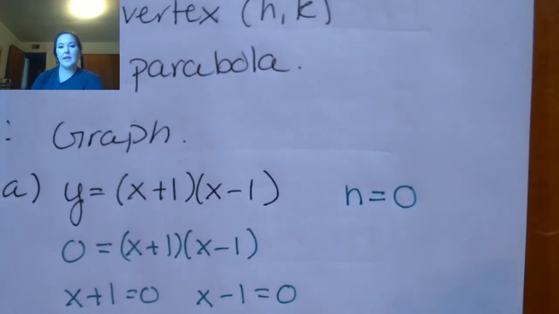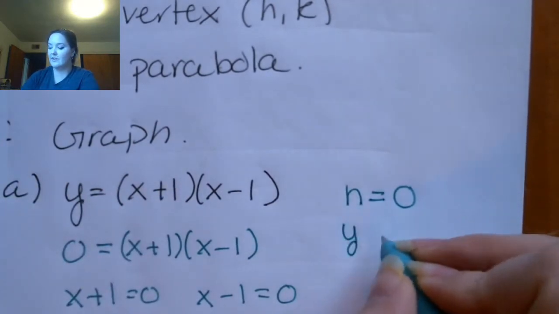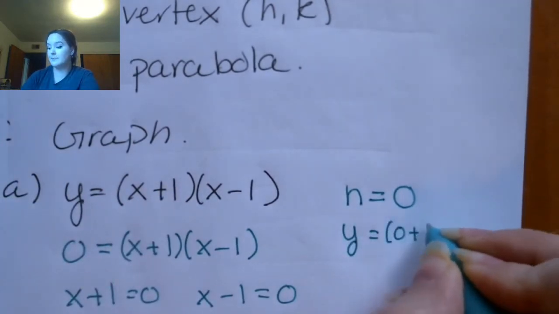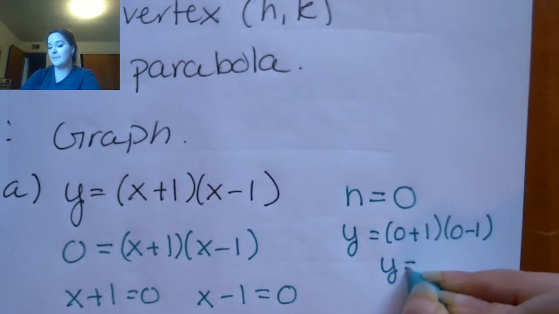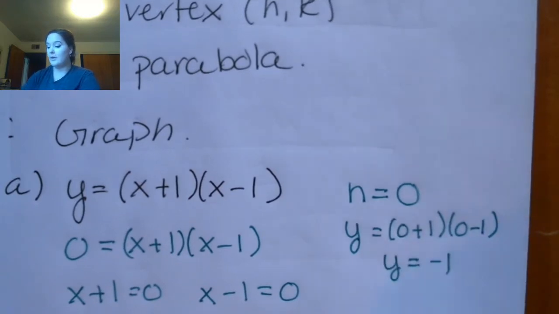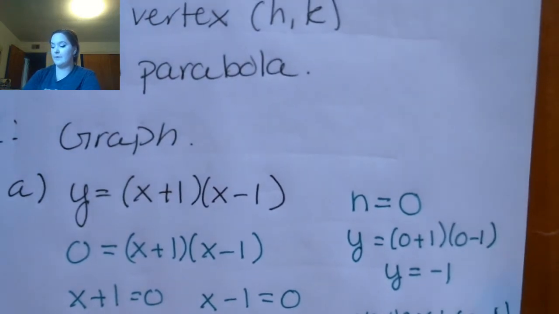And now I'm going to plug this in to find my corresponding Y value. This gives me -1. So my vertex is going to be 0, -1.